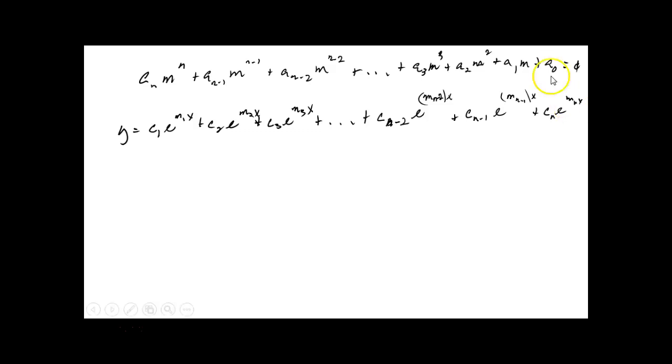So let's do example 3, which is a third order differential equation. Okay, here's what we've got: y triple prime plus 3y double prime minus 4y is equal to 0.